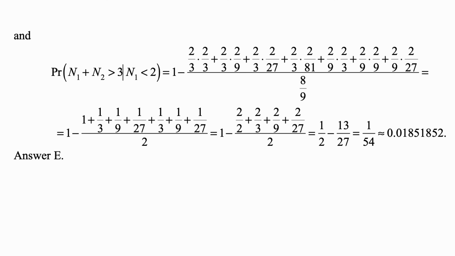And 13 over 27 is equal to 26 over 54. So this is 27 minus 26, which is 1, divided by 54, so this is 1 over 54. That's approximately 0.01851852, and that's answer E.